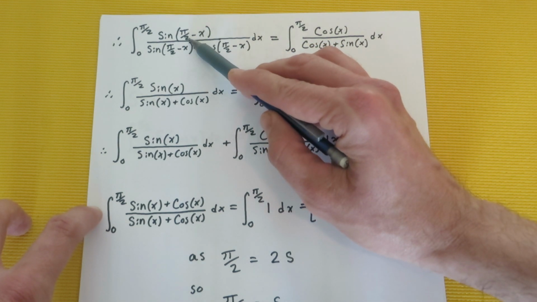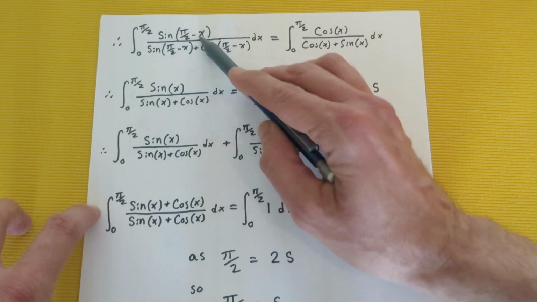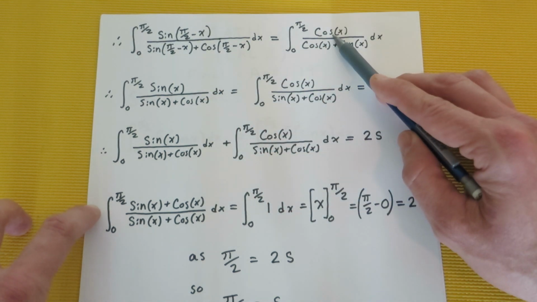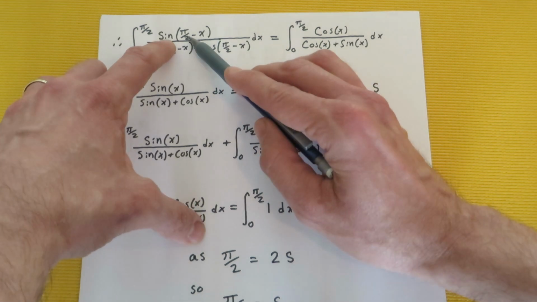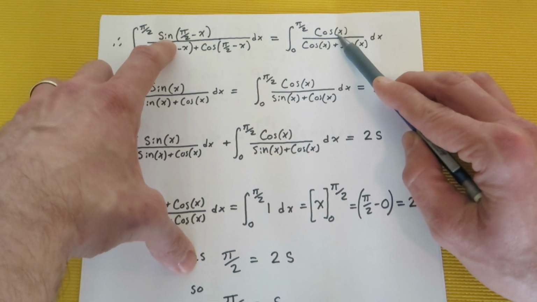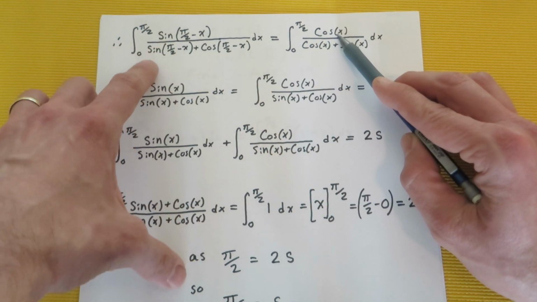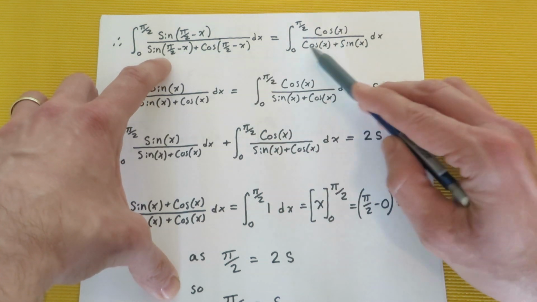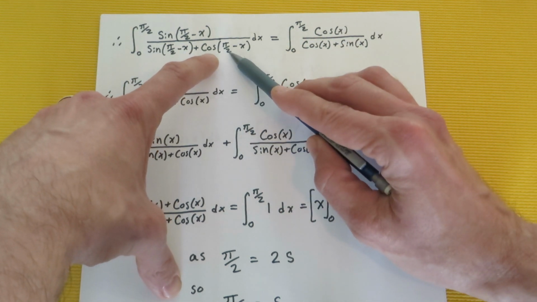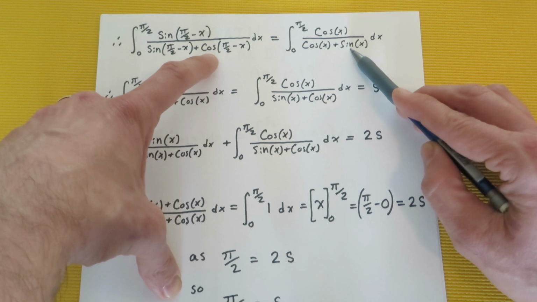And we have just shown that this equals this, because the sine of pi over 2 minus x is just equal to cosine of x, like we saw on the previous page. Cosine of pi over 2 minus x is just equal to sine of x.